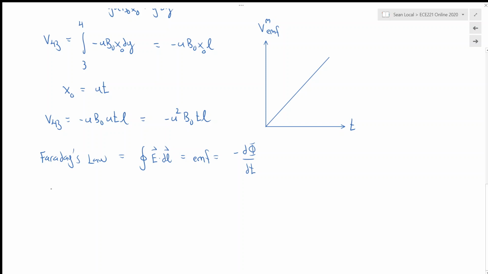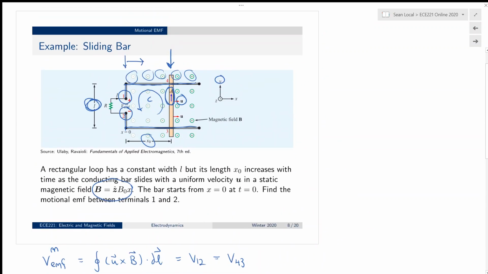So magnetic flux is the surface integral of B dot ds. Looking at our diagram, we are trying to integrate over the entire surface area of this loop. But we see that the area of the loop is a linear function of time, as I just mentioned, because x naught, the width of the rectangle, if you will, is a linear function of time.